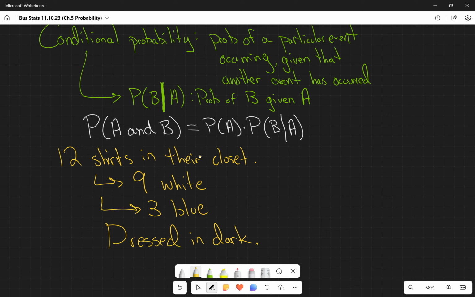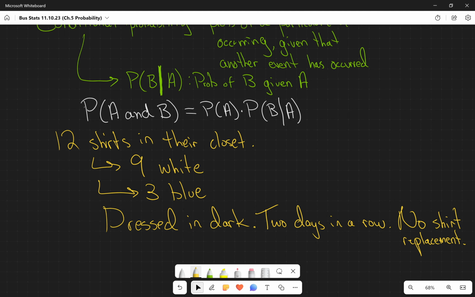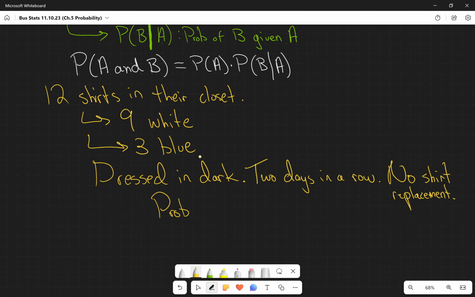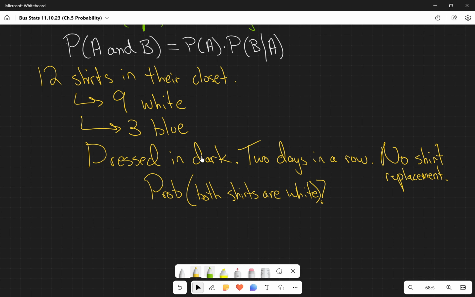So we're going to say he dresses in the dark 2 days in a row, no shirt replacement. What is the probability that both shirts are white?